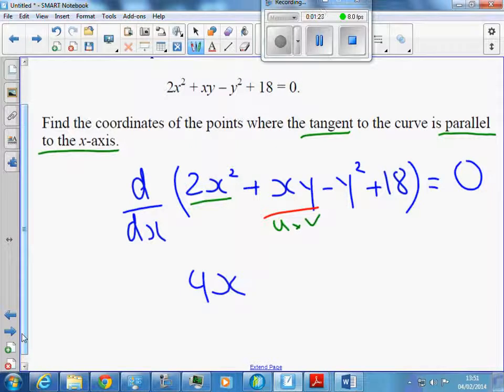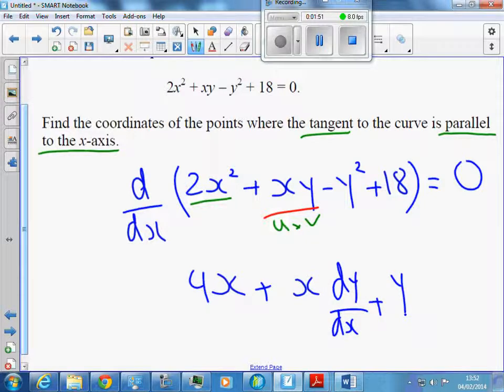We are now going to apply the usual product rule and implicit differentiation. So plus, when I have a product, it's u, which is x, dv by dx, but v is y, so it's dy by dx, plus v, which is y, times du by dx, which is 1.